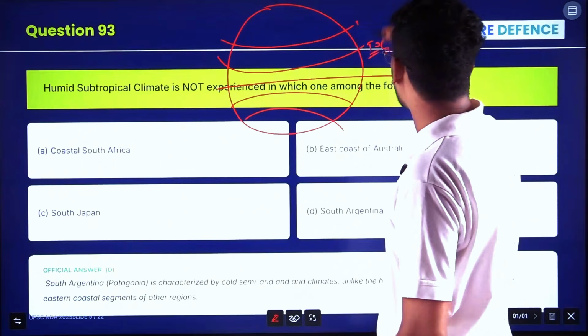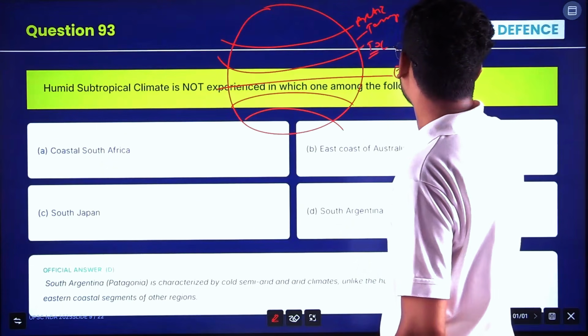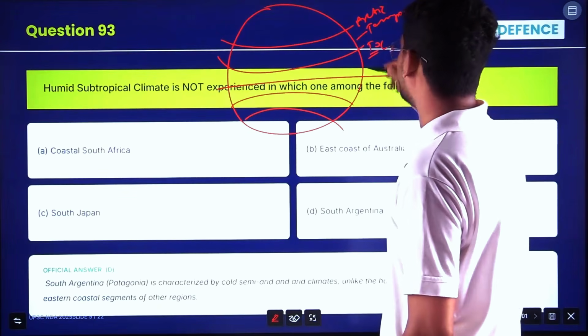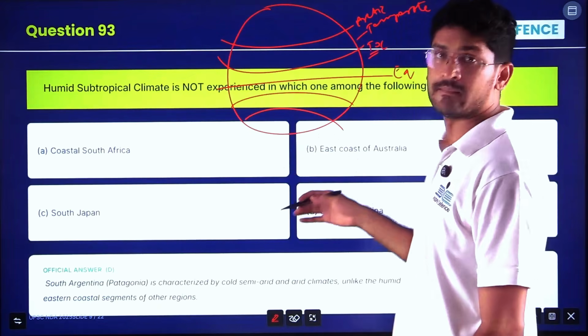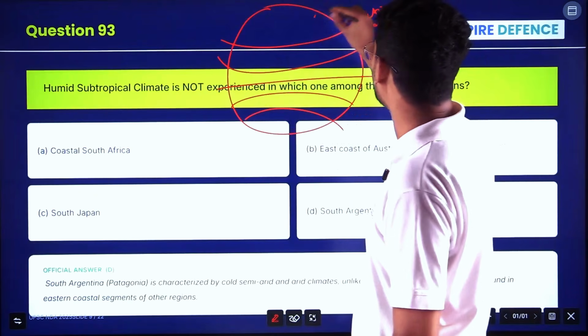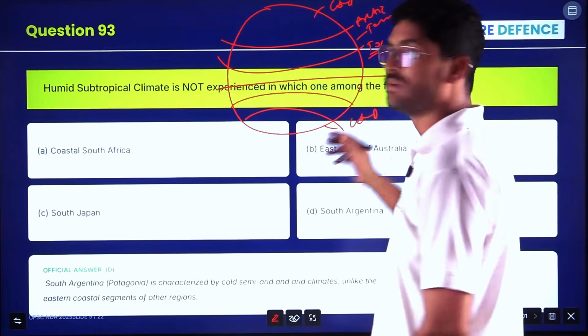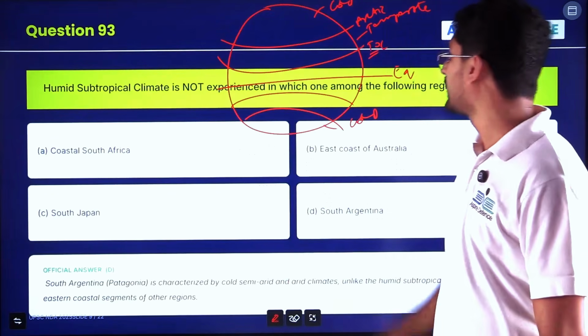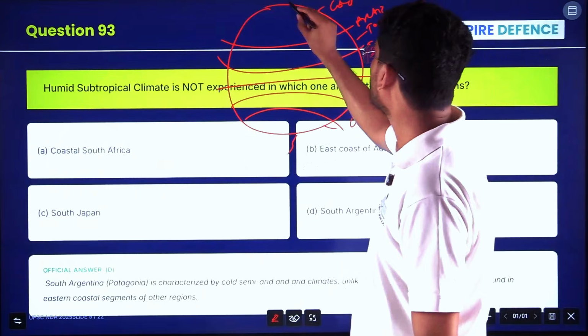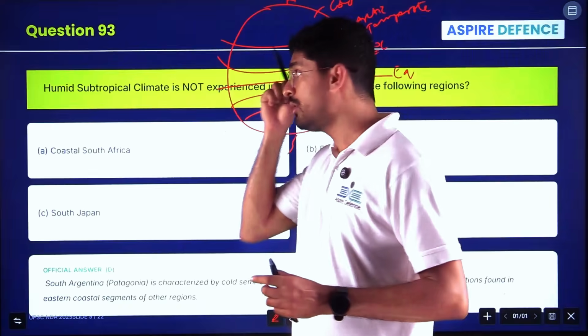Between the Tropic of Cancer and the Arctic Circle is the temperate region. Same with respect to the southern side. Then you have the arid region, the desert region, the cold desert region in the south after the Antarctic Circle. Antarctic Circle to South Pole here, North Pole here. These are the very broad classification with respect to climate.